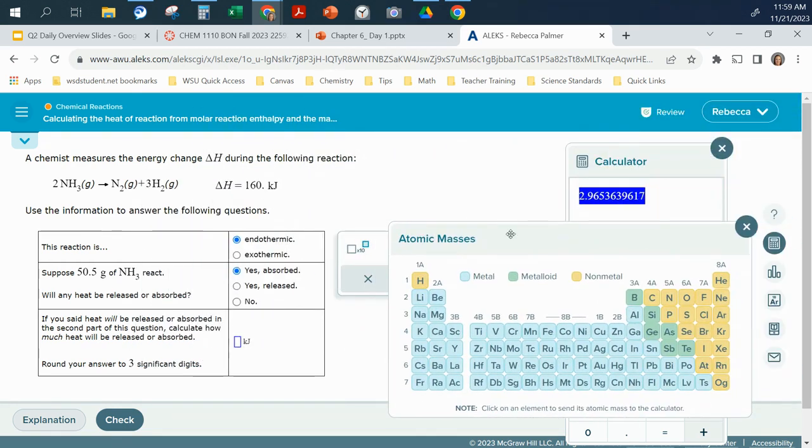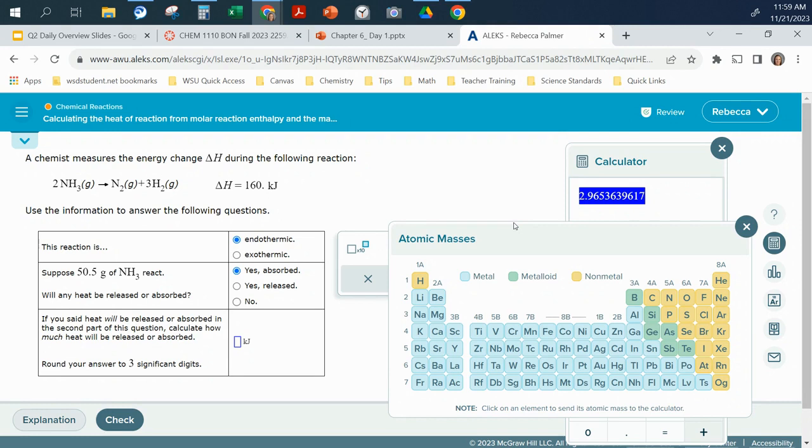Okay, so then this is 2.965 moles of ammonia. Do we need 3 on the? Yes. This is an intermediate calculation, so I don't want to round too early. Usually what Alex tells you is to keep 2 extra, so really we should keep 5 so that it doesn't mess up our math.